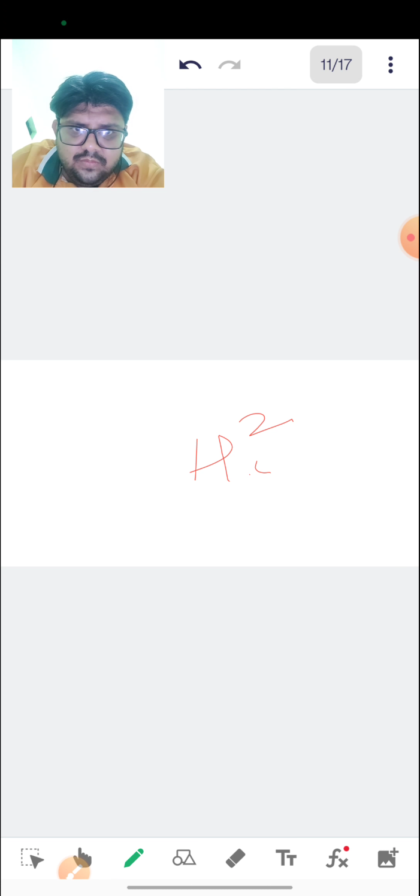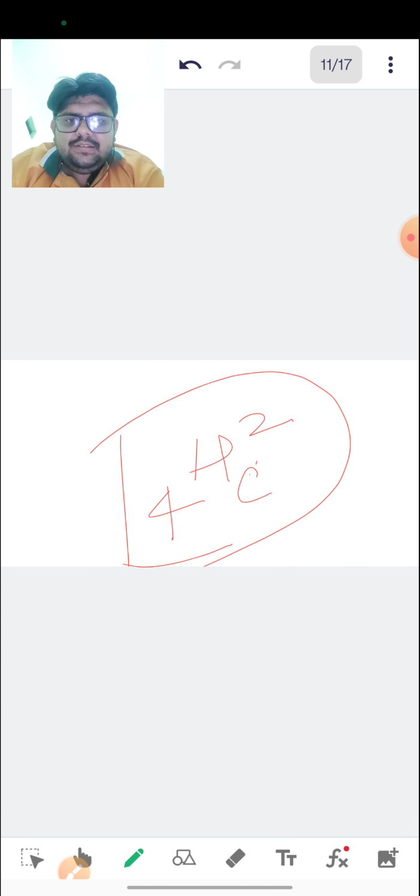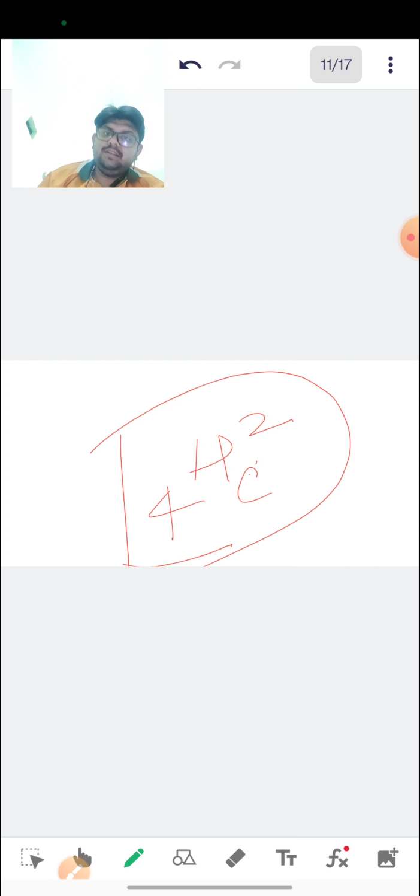Helium, 2 and 4. So this is the significance of the atomic number and the mass number. It helps us to represent the atom in the periodic table.